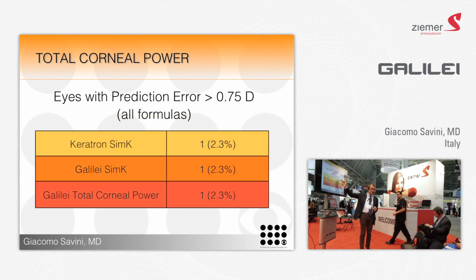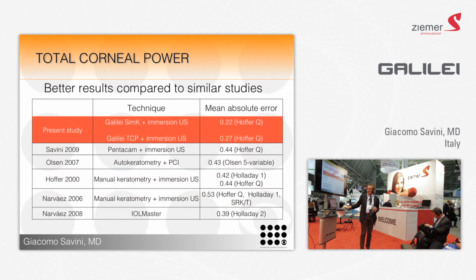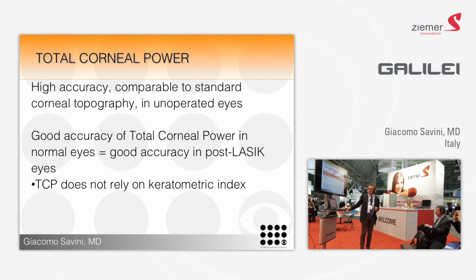This is just to show that just one eye in the whole sample had a prediction error higher than 0.75, so a very good number. Just to show that the 0.7 mean absolute error was much lower than the other values reported in the literature with other instruments or technologies.